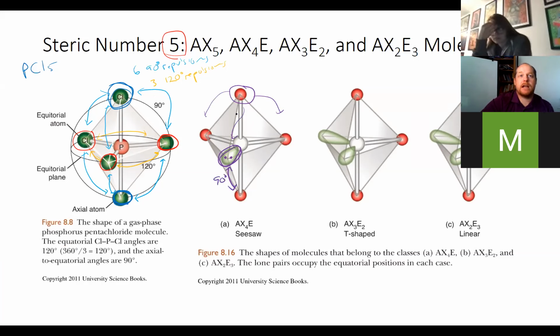There's a 90 there and there's a 90 here. And those are the higher energy ones. These 120-degree repulsions are less of a problem. And so what winds up happening is the lone pairs go to the equatorial positions first.